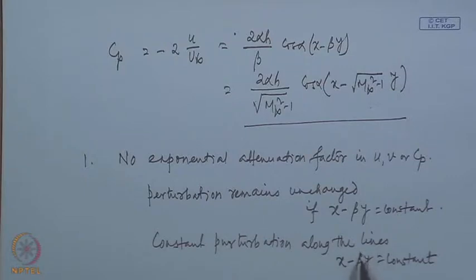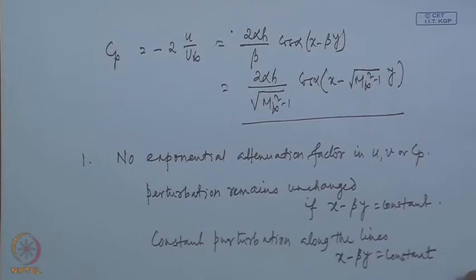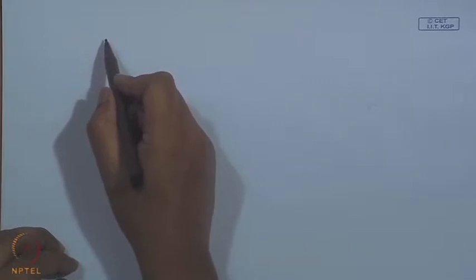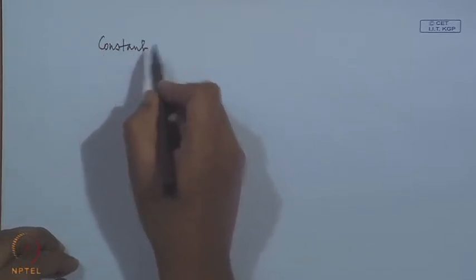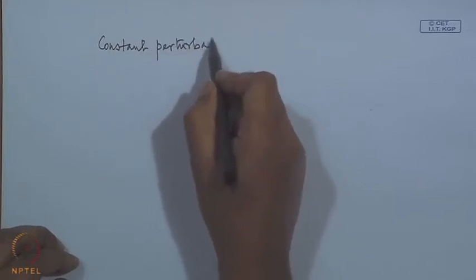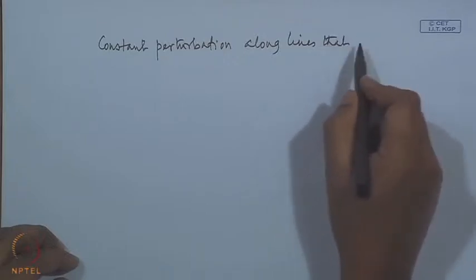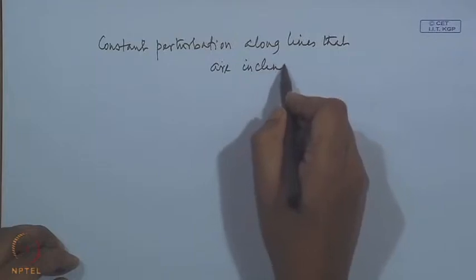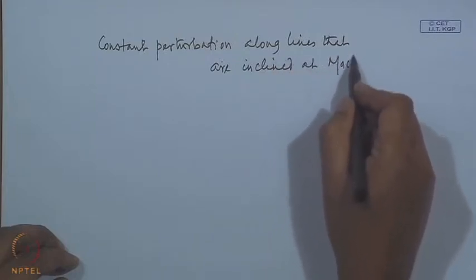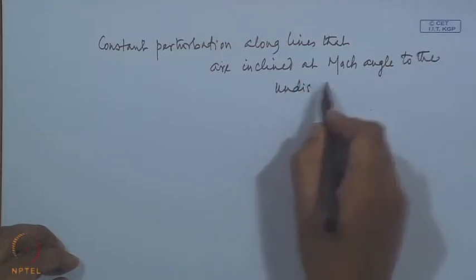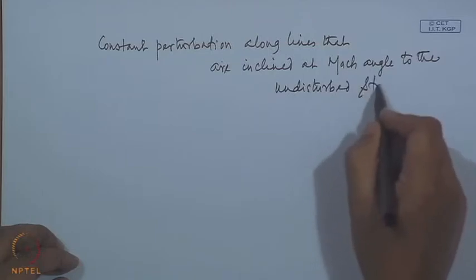And obviously, these lines make an angle beta, or we can say that the perturbation is constant along lines that are inclined at the Mach angle to the undisturbed stream.